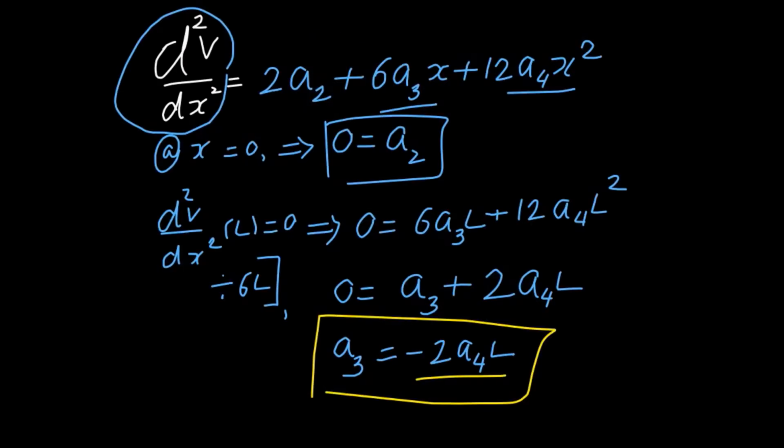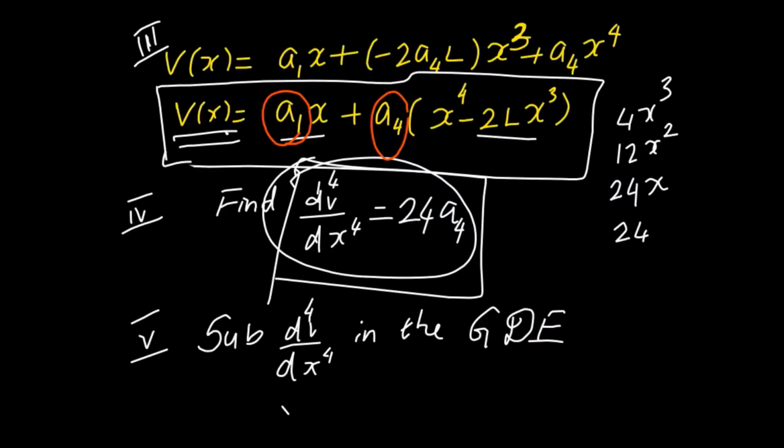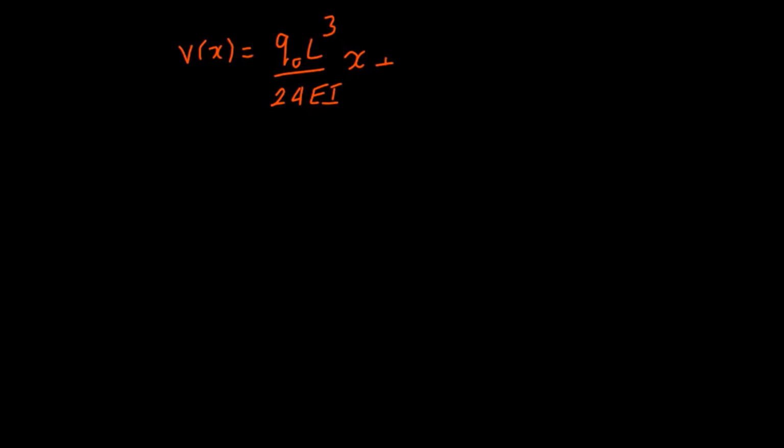So V of x is equal to A1x, plus A4 into x power 4 minus 2L x cube.